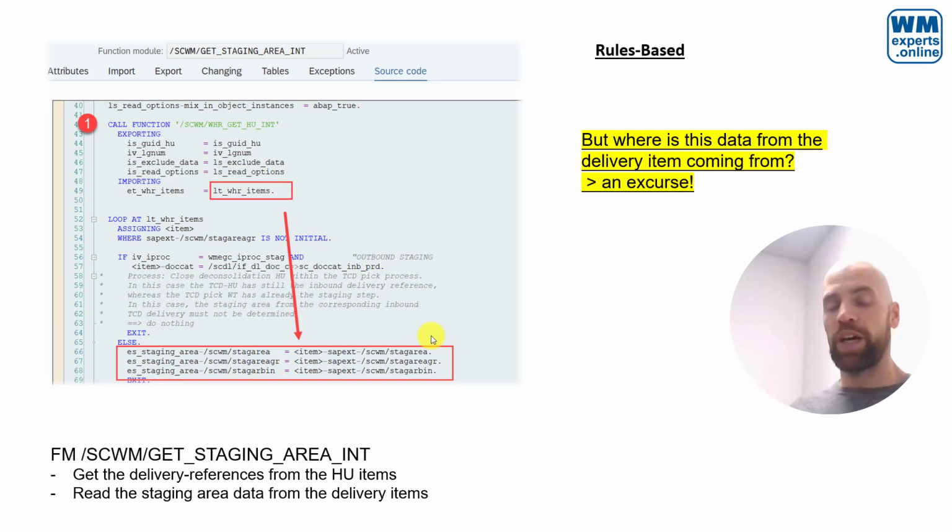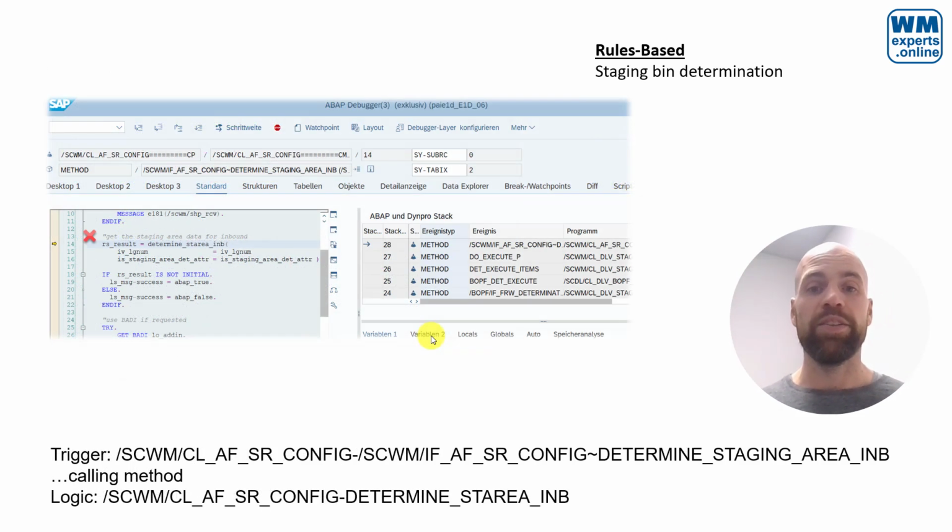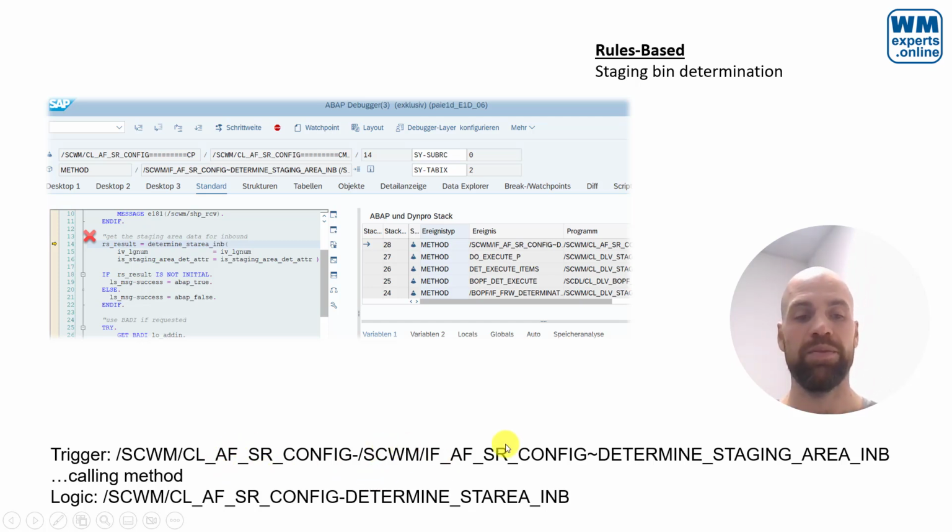And now we are looking at the part which is 100% independent from the process-oriented storage control. So the determination that happened before. And this is happening here in a class AFSRConfig, and then this very long method, which I won't read out here, calling at the end the method determine staging area imp out of class SCWM CLAFSRConfig.